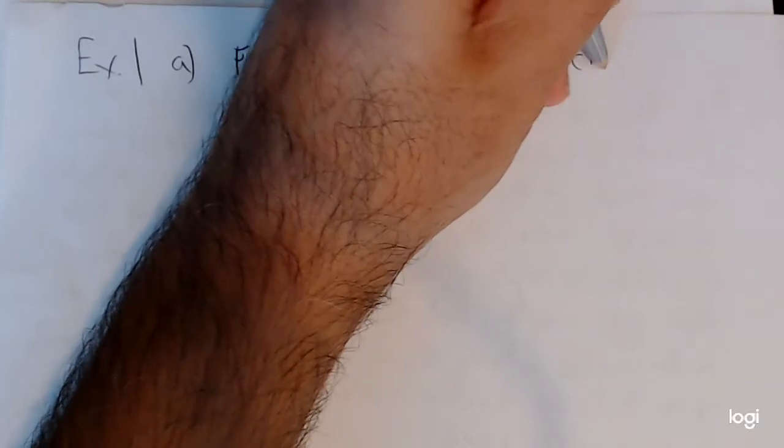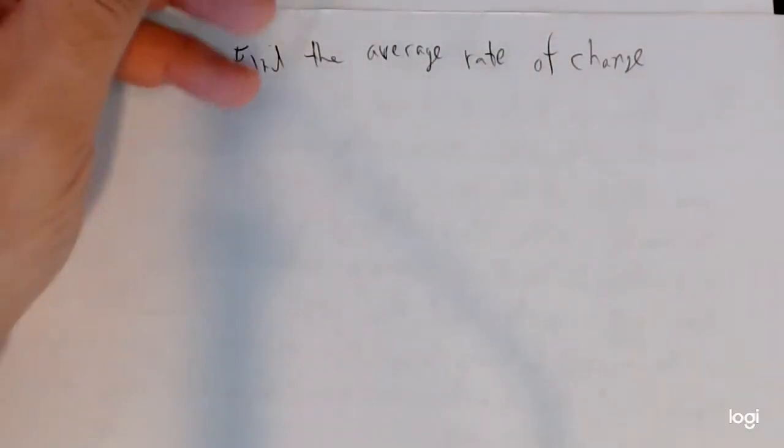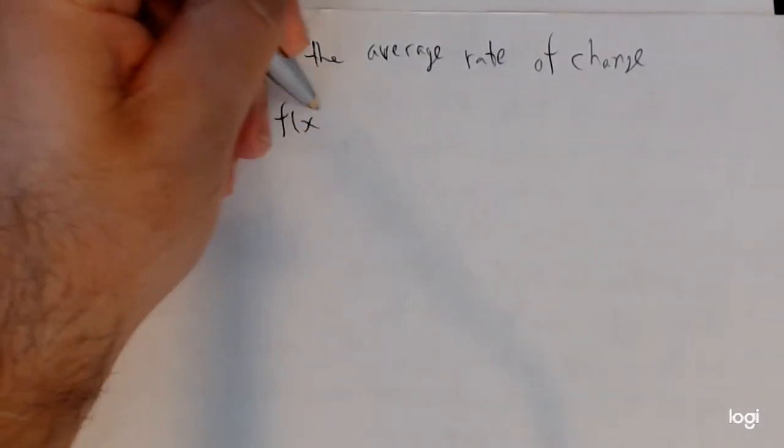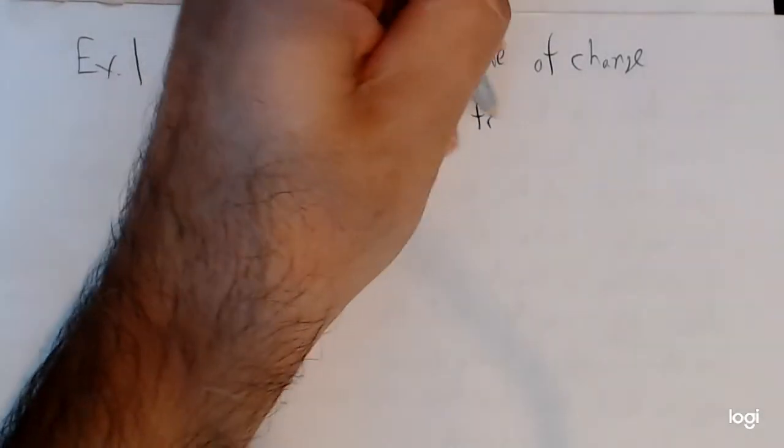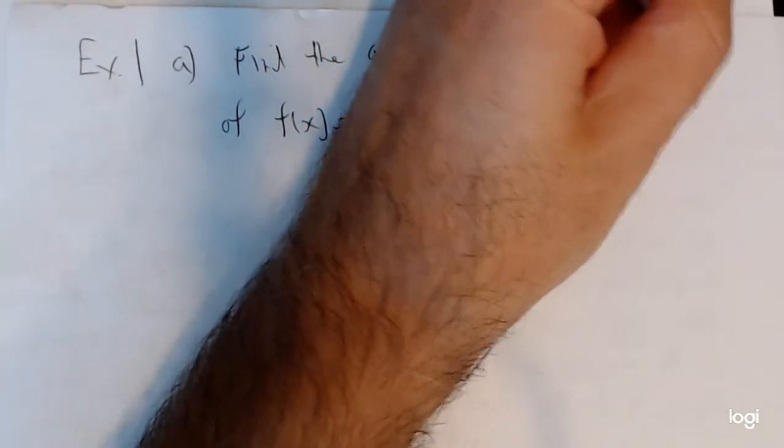So the first one is find the average rate of change of f of x equals x squared plus 7 from x equals 2 to x equals 7.